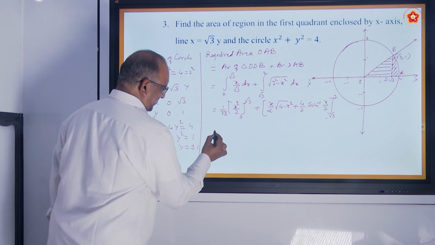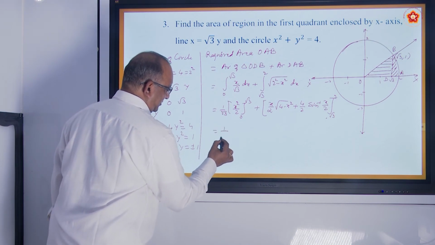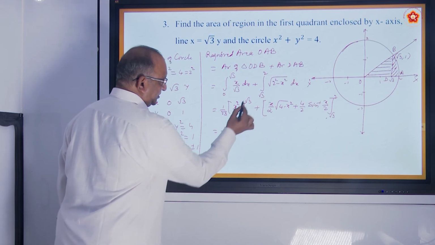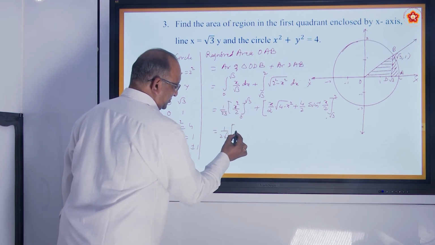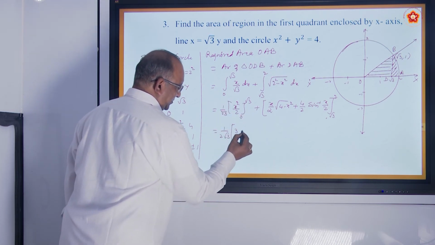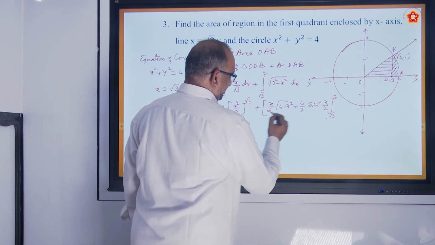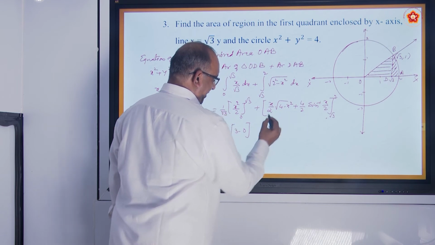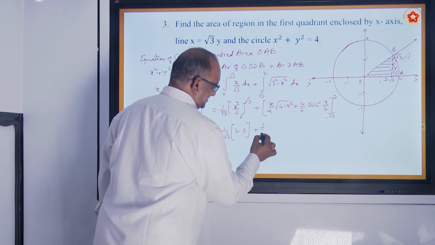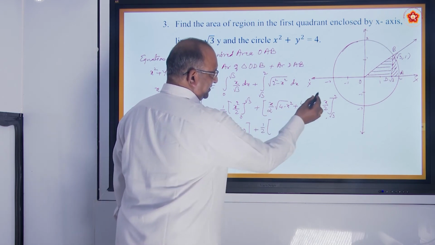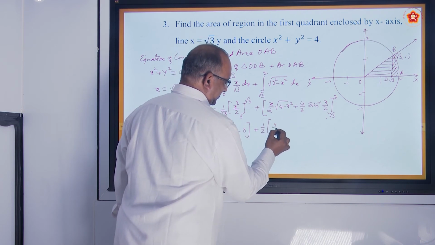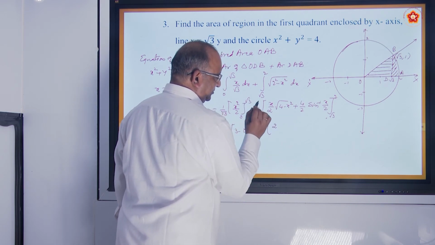Substitute, this 2 also can be taken out. So it will become 1 by 2 root 3. Substitute the upper limit, root 3 square is 3 minus 0. Here we can take out by 2 outside for convenience sake. So x is 2, and here when you substitute 2, what will happen?